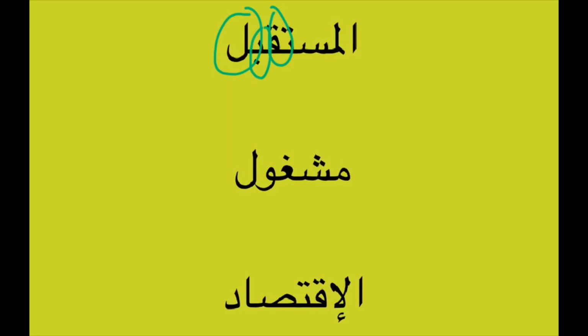In our next word, mashghul, which means busy, our root letters are shin, ghain, and lam, shaghala. And in our last word, el-iqtisad, our root letters are qaf, sad, and dal.